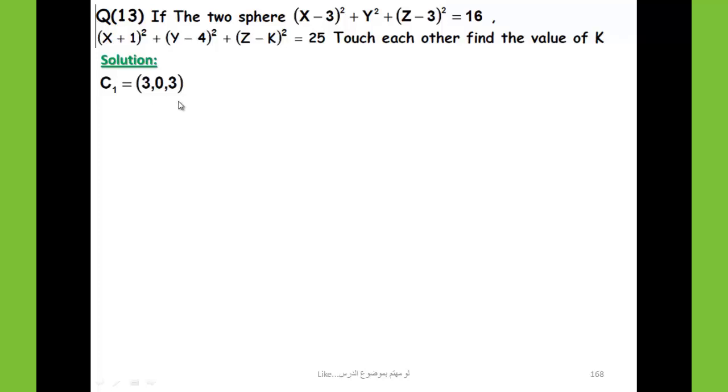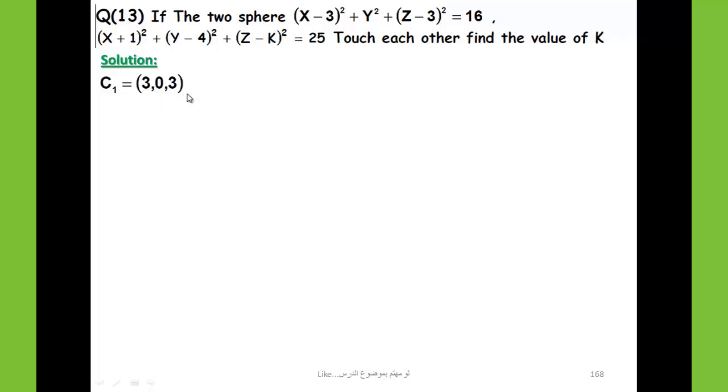The center of the first sphere is (3, 0, 3). Here we have x minus 3, so the x coordinate is 3, y minus 0, so the y coordinate is 0, z minus 3, so the z coordinate of the center of the first sphere is 3.